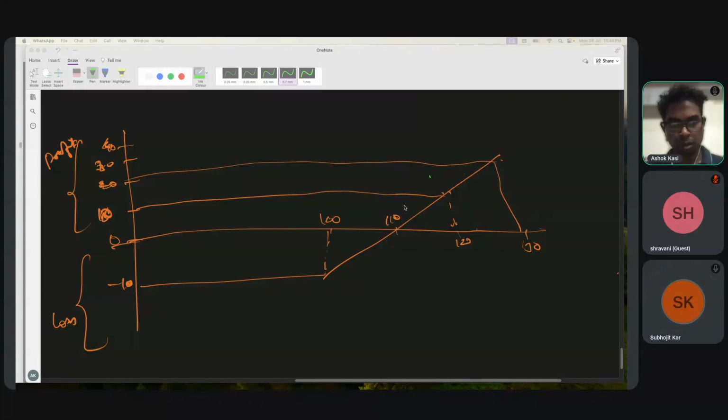Yes, long put. But they have mentioned short put. Here it is actually short put they have done. This is long call, long put, short. What they have done is short put actually. This one is short put.